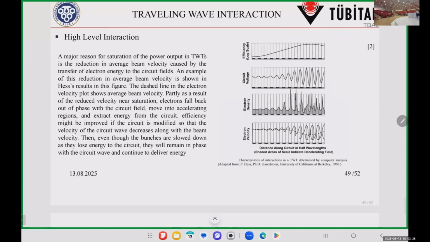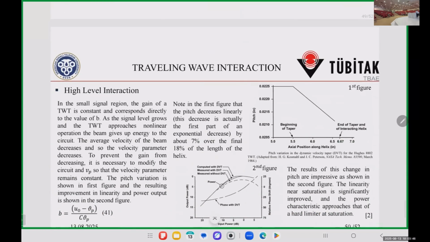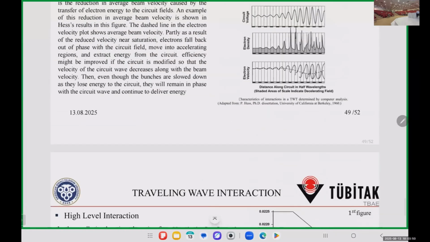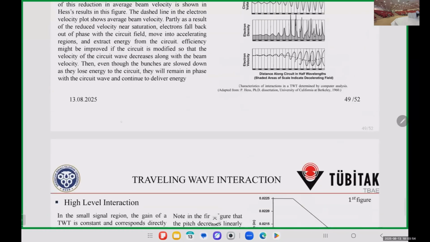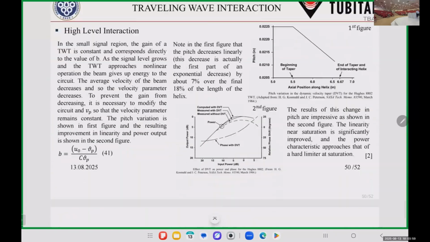And we can say from this figure that the circuit voltage, after the beam wave interaction, becomes increasing here. So after evaluating this figure, we need some modification in the slow wave structure.